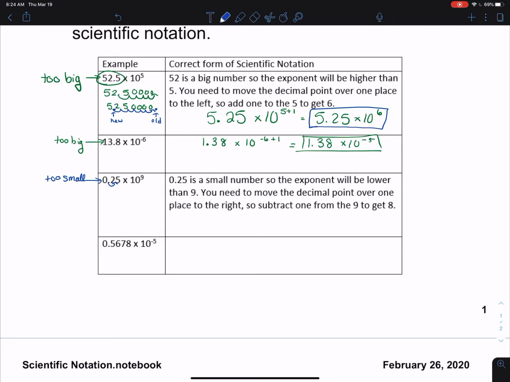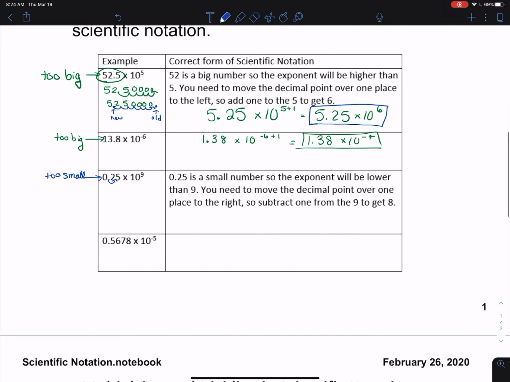I'm moving the decimal point to the right. So if I do that, I'm going to have 2.5 times 10, and then to figure out my exponent, I need to subtract 1. So I end up with 2.5 times 10 to the 8th power.